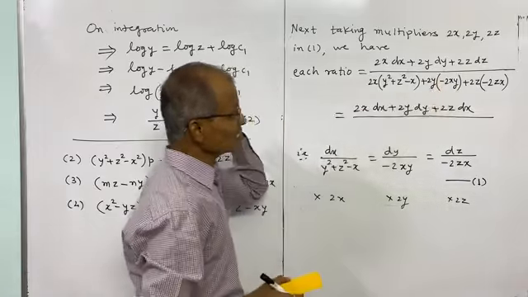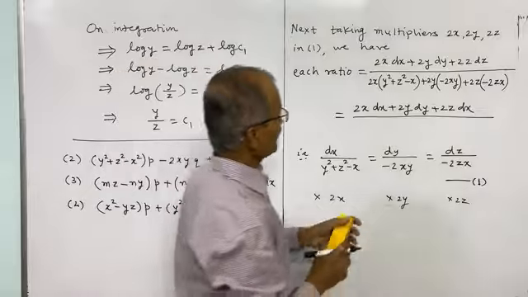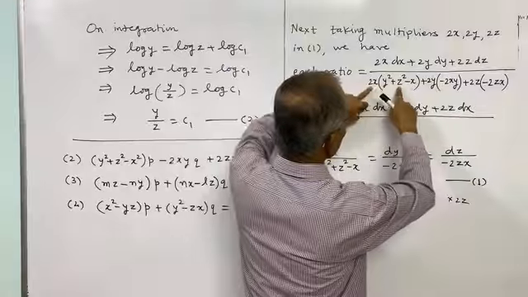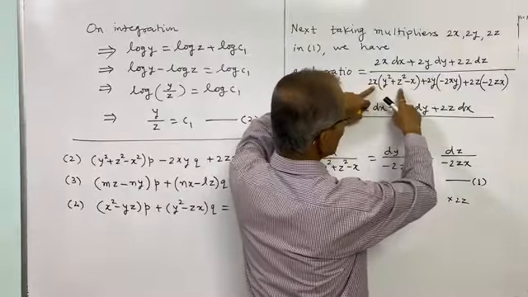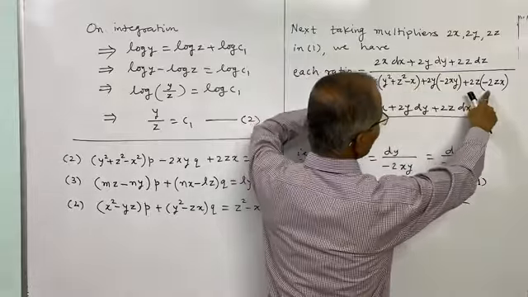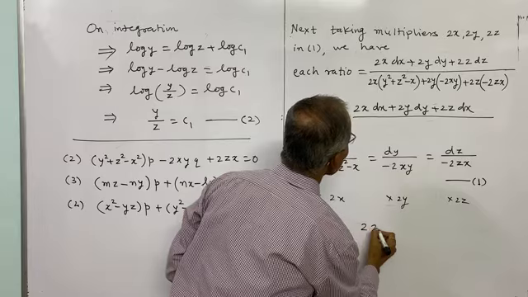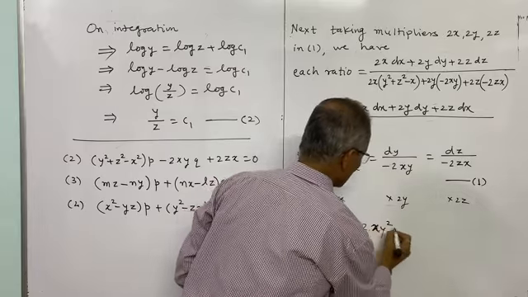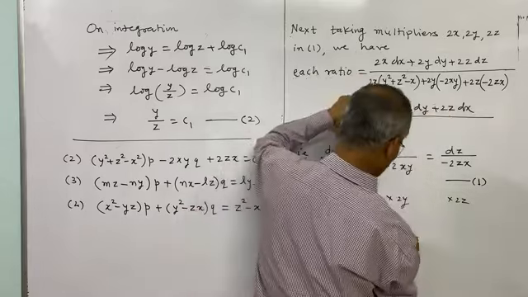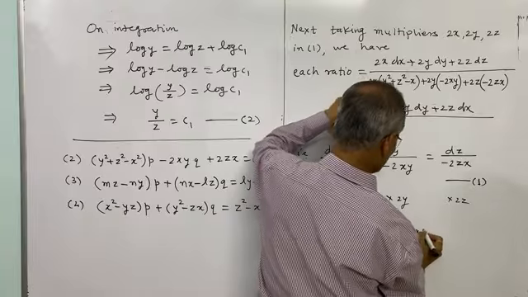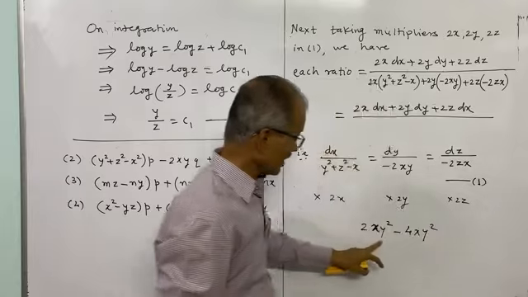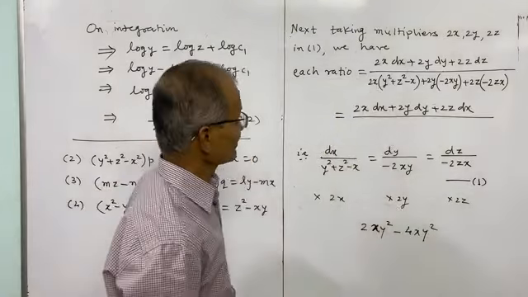So the terms are like this: 2xy square from the first, and here it is minus 4xy square, so that will be minus 2xy square.